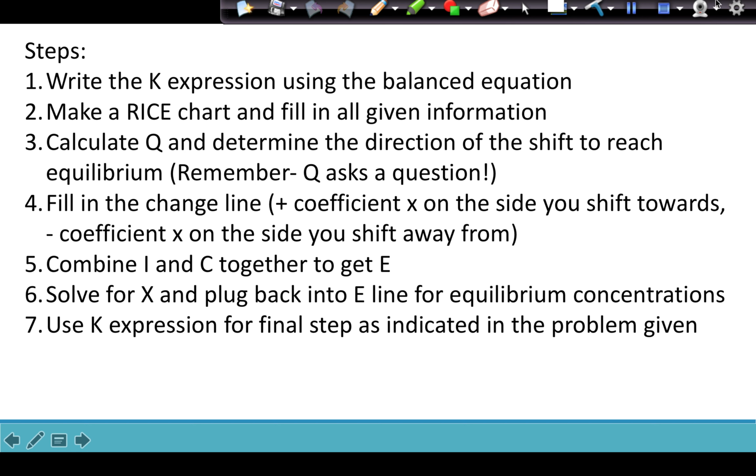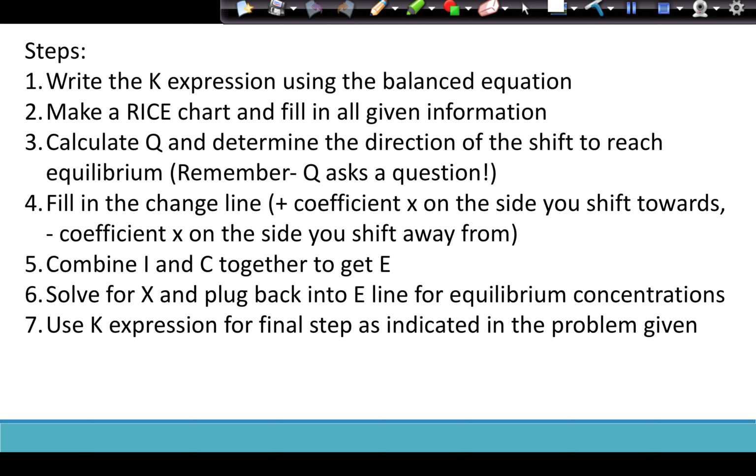So once again, in order to solve this problem, which was very similar to the first one, except it was in terms of pressure, we first wrote the K expression using the balanced equation. We then made the RICE chart and filled in all the given information. We calculated Q. Remember that it asks a question. Anytime Q is 0, you're going to make products in order to get to equilibrium, because that would mean that Q is less than K. We then fill in the change line.